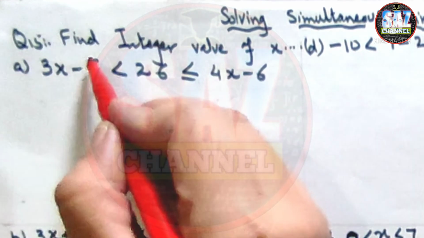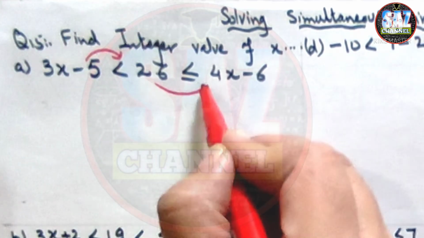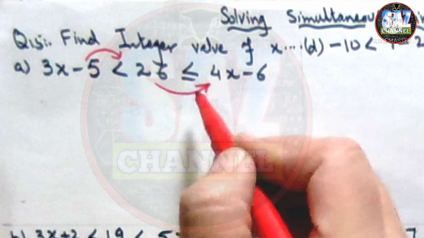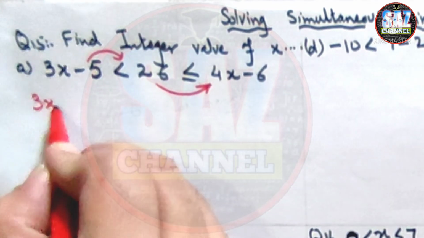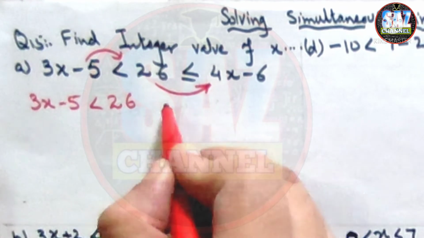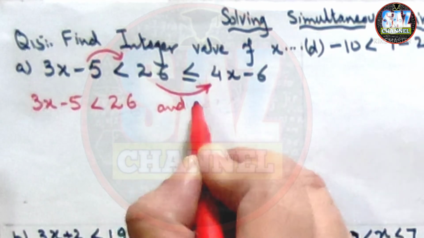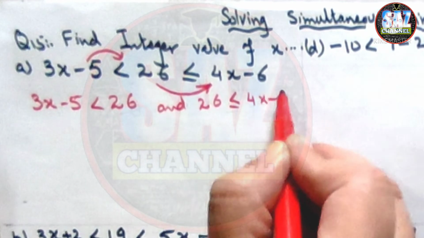First of all, we have to break up the inequality in two parts, as they are simultaneous inequalities. So what we have to do is 3x minus 5 is less than 26 and 26 is less than or equal to 4x minus 6.